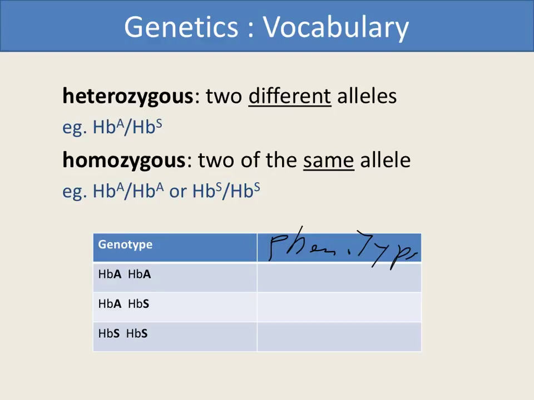Would HbS be normal phenotype or abnormal phenotype? Abnormal. Would HbA/HbS be normal or abnormal? Almost normal. And then HbA would be normal.